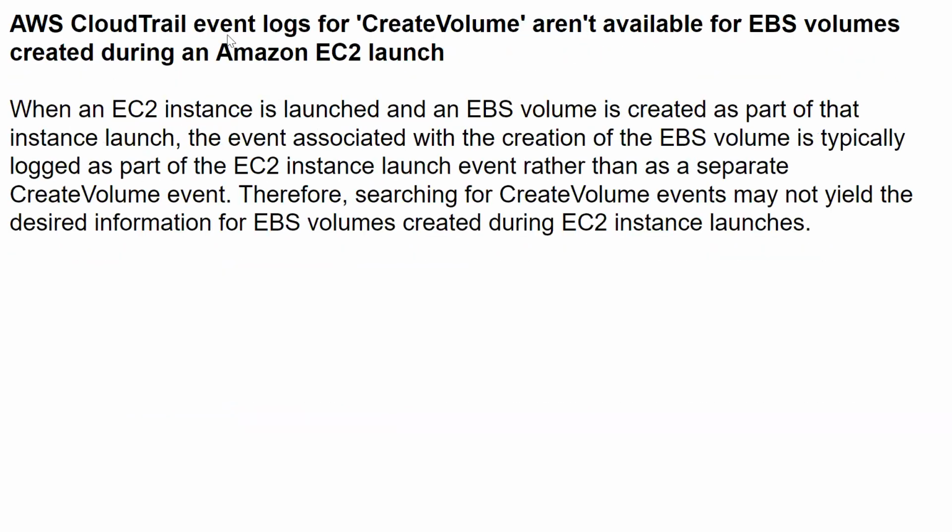EBS volume status checks are disabled. The correct answer: AWS CloudTrail event logs for create volume aren't available for EBS volumes created during an EC2 launch. The event associated with the creation is typically logged as part of the launch event rather than as a separate create volume event. Therefore, searching for create volume events may not yield the desired information for an EBS volume.